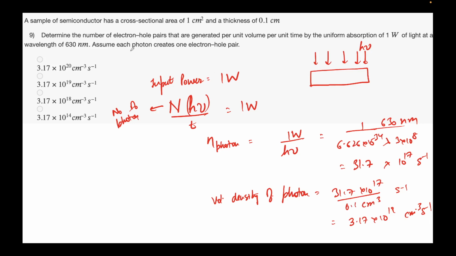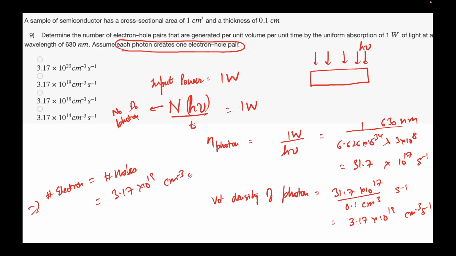It has been given that each photon creates one electron hole pair. So I can write that the number of electrons equals the number of holes, which is equal to 3.17 into 10 to the power 19 cm minus 3 second inverse.